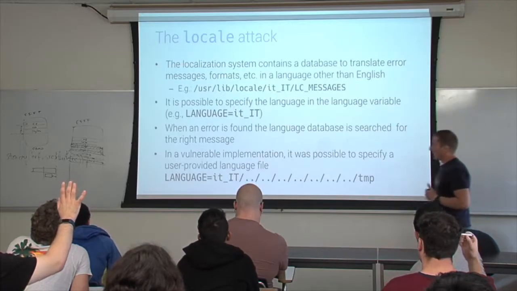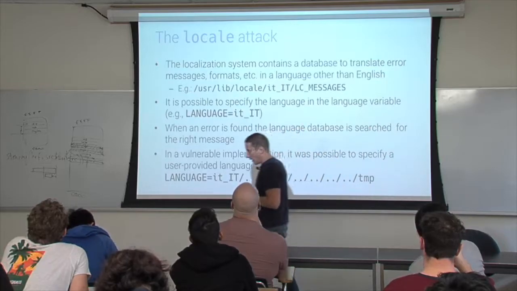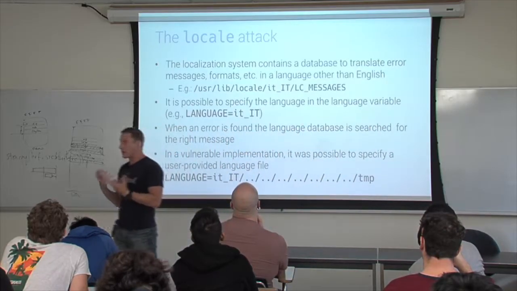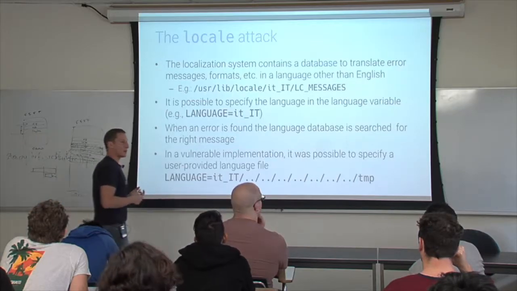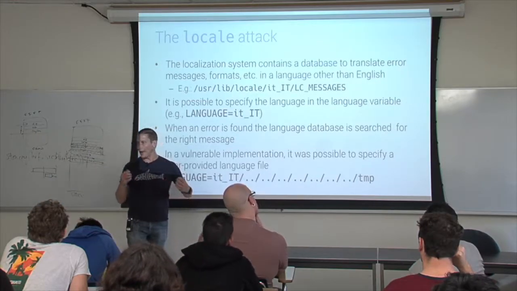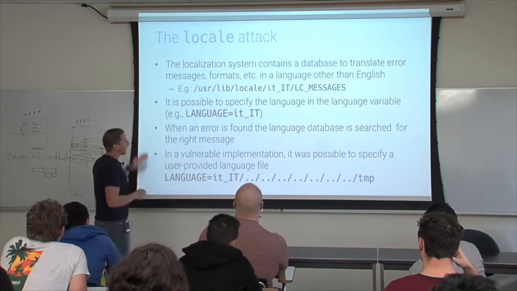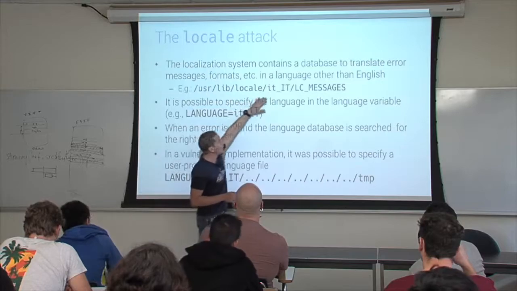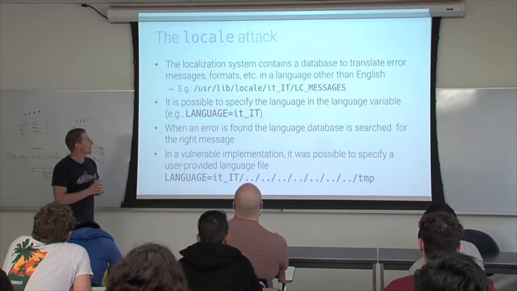This is an example of a real-world attack. There was a localization system that allows you to change all the strings in the operating system, so that instead of saying "command not found," it tells you "comando non trovato" in Italian. That would be super awesome. So you can actually have something that points to how to map these messages in various languages.